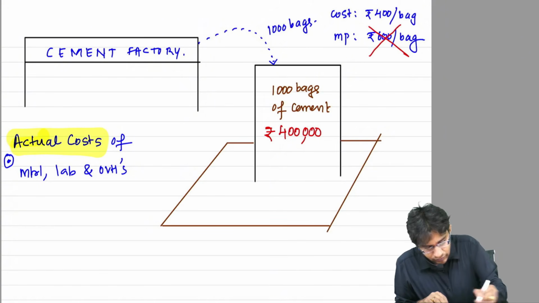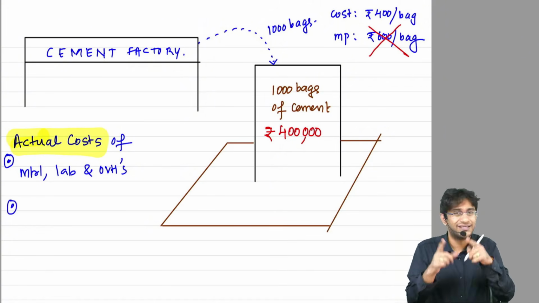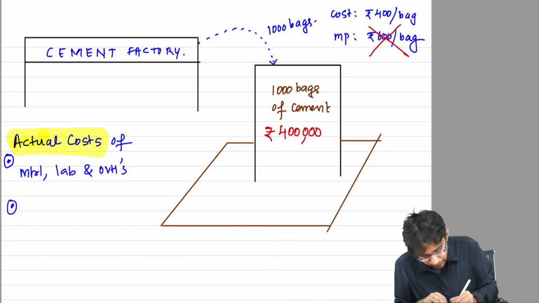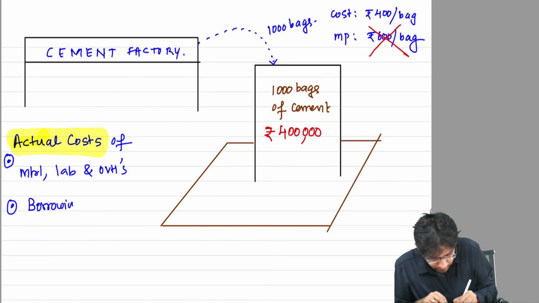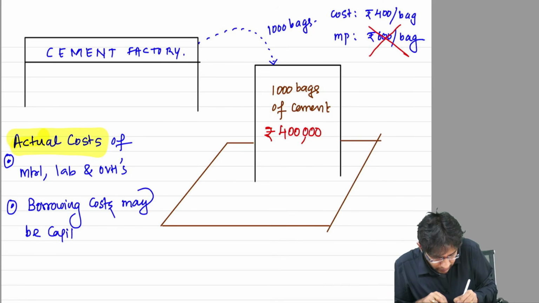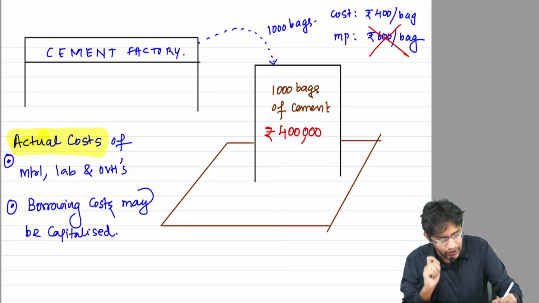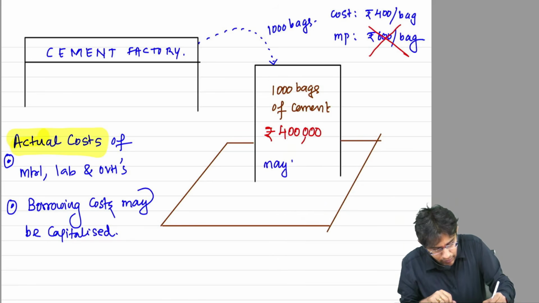Second, now that you are constructing an asset, the construction of an asset might take time. Therefore, it becomes a qualifying asset, and therefore, borrowing costs may be capitalized. You can capitalize borrowing costs actually, because most probably it may be classified as a qualifying asset.